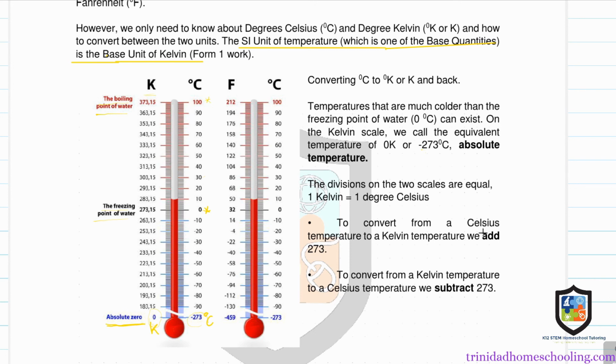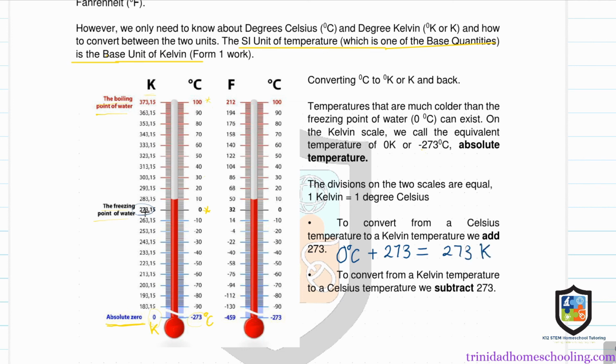To convert from a Celsius temperature to a Kelvin temperature, we add 273 degrees to the Celsius temperature. 0 degrees Celsius, if we add 273 to it, we will get the temperature in kelvins, which is 273.